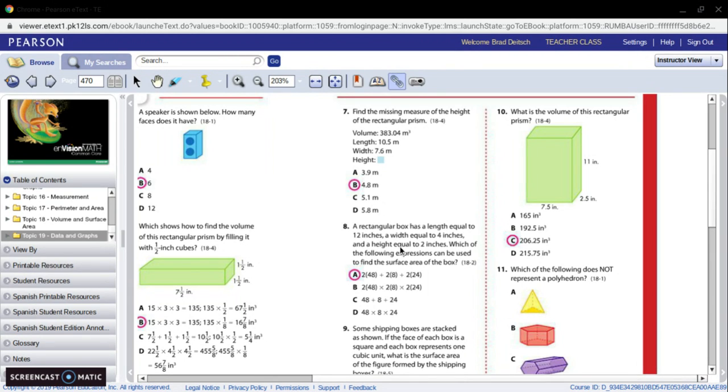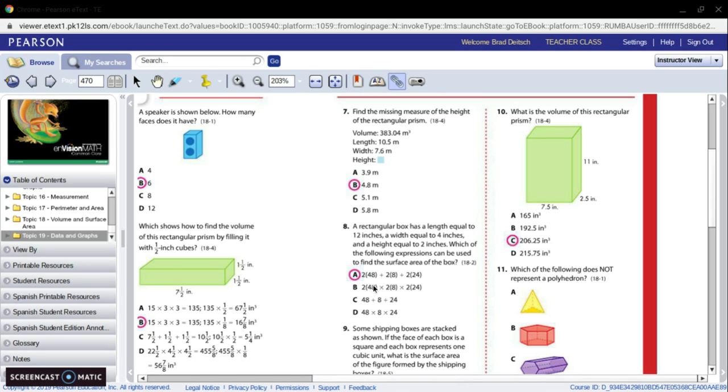Okay, the next question says a rectangular box has a length equal to 12 inches, a width of 4 inches, and a height of 2 inches. Which of the following expressions can be used to find the surface area? So what they're doing here is 2 times, okay, they got 48. You're probably wondering, well, where did they get 48? If you remember, the formula is 2LW plus 2WH plus 2LH.